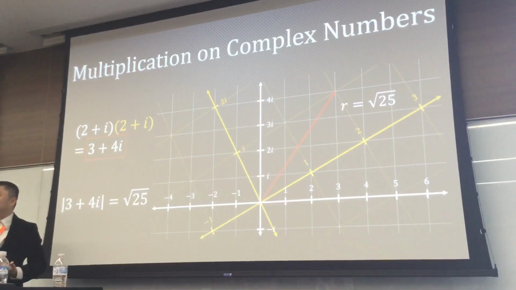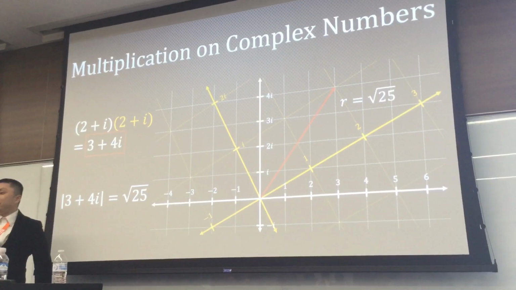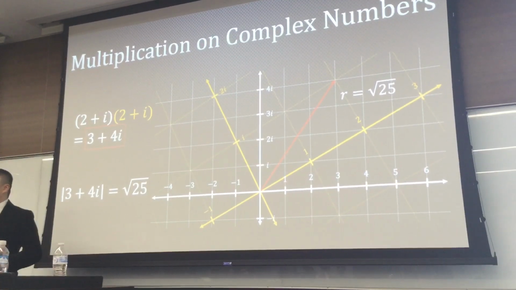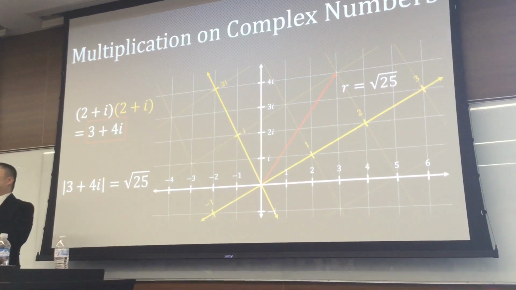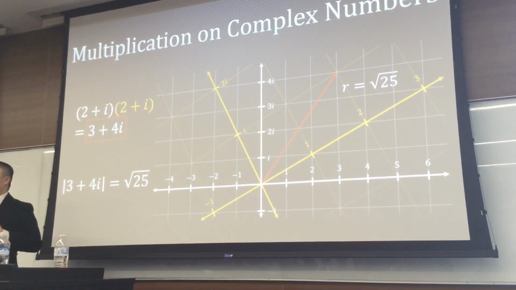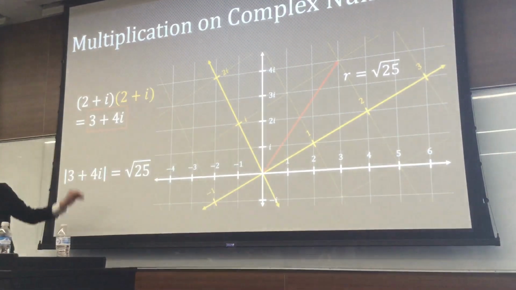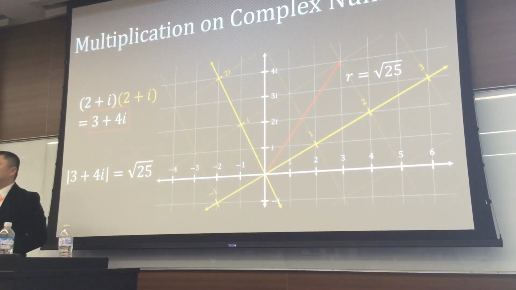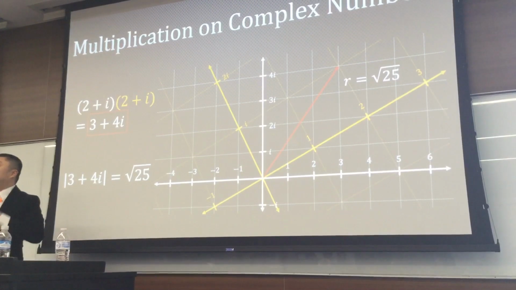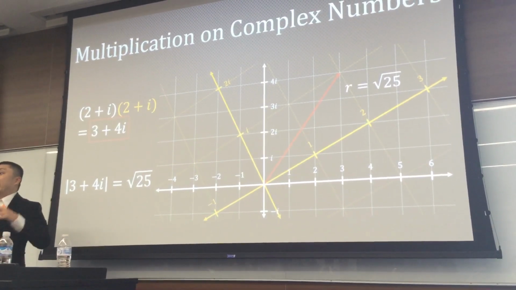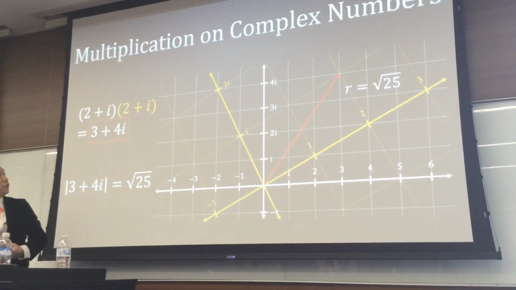In the new coordinate system. So that's the representation of the easier problem, how I can generate 3 plus 4i systematically. I can factor 25 into 5 times 5, and just by multiplying, I can generate a sum of squares.